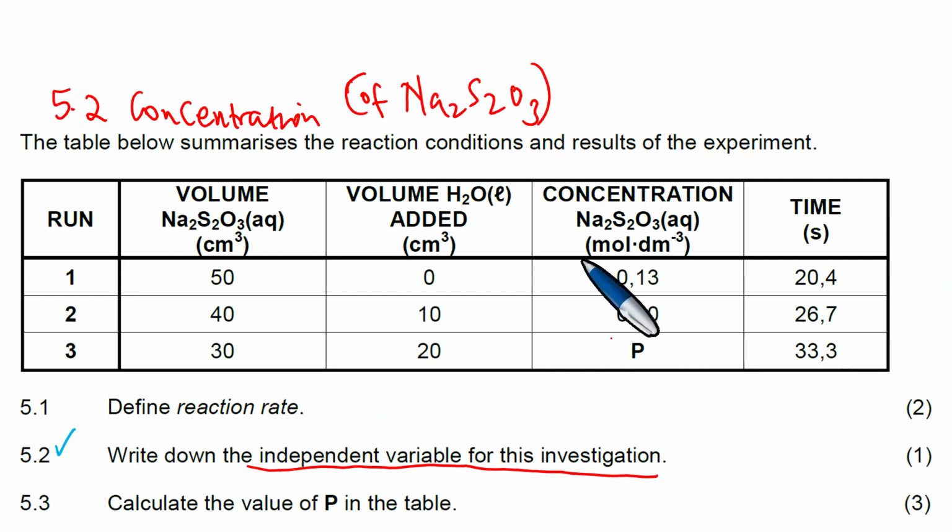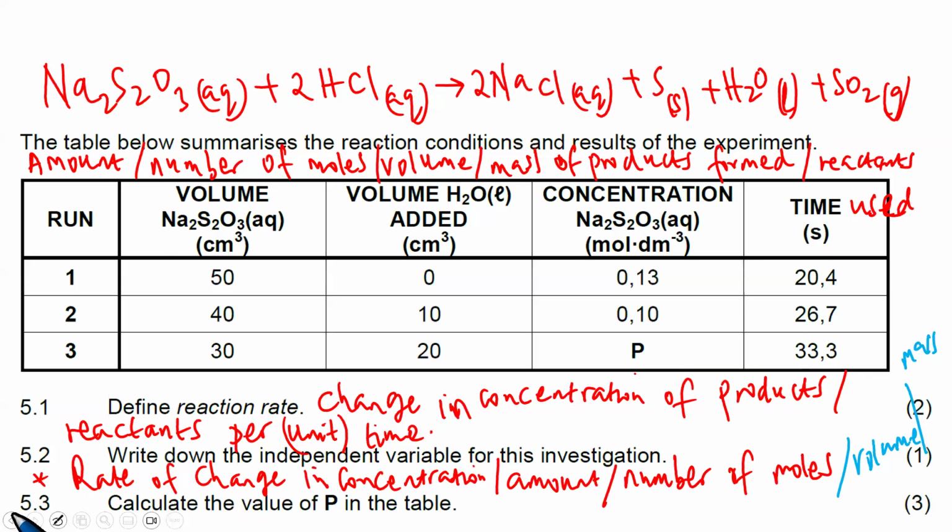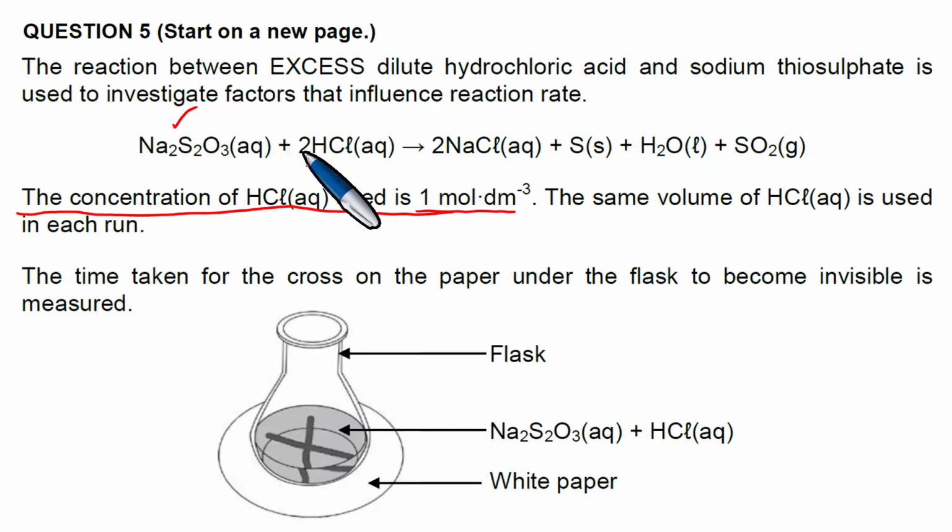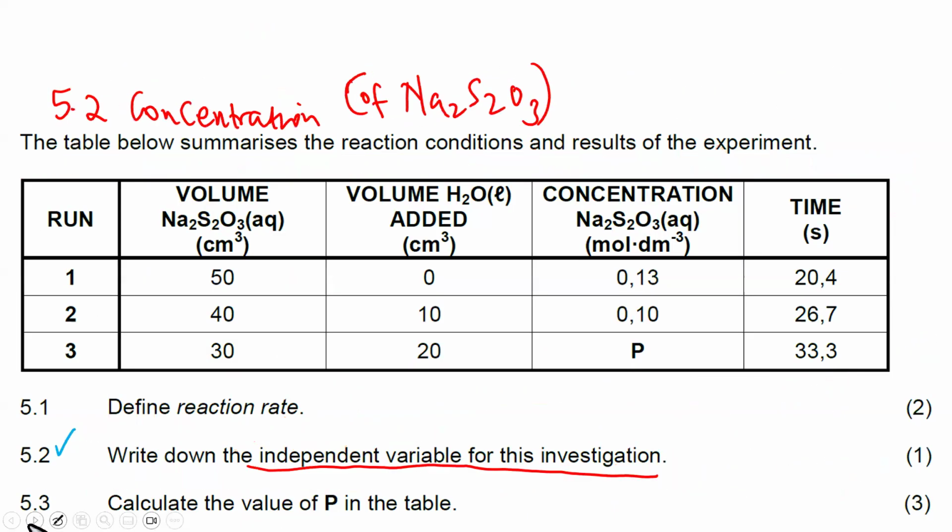We are reacting sodium thiosulfate and HCl, and the HCl is 1 mole per cubic decimeter, and we're just changing the concentration of this until the cross becomes invisible, so that we don't see the cross anymore.